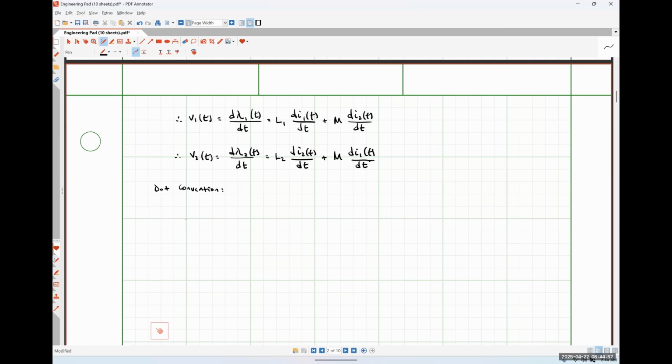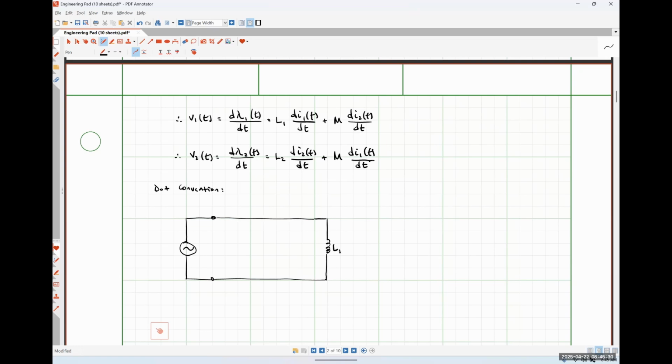I'm going to redraw our system that we just had a moment ago. Here's my excitation source, and then this is going to be the terminals of coil 1. And now I'm just going to draw this as if it were an inductor.